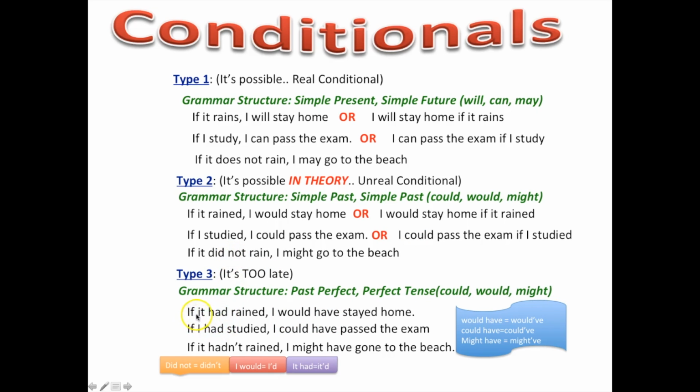Like here, if it'd rained, okay? We also have I had, I'd, if I'd studied. Can you hear the D? If I'd studied. So this is what people use when they speak, okay? So I hope you understood conditionals and that you're ready to use them in your daily life speech.